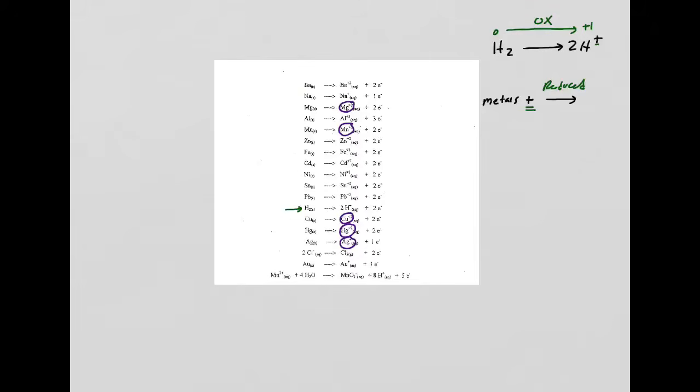Now remember what we said about this activity series. Here is the deal. In order for a redox reaction to go, what gets oxidized has to be higher on the activity series than what gets reduced. Because the ones on top really want to get oxidized, and the ones on the bottom don't really want to get oxidized.